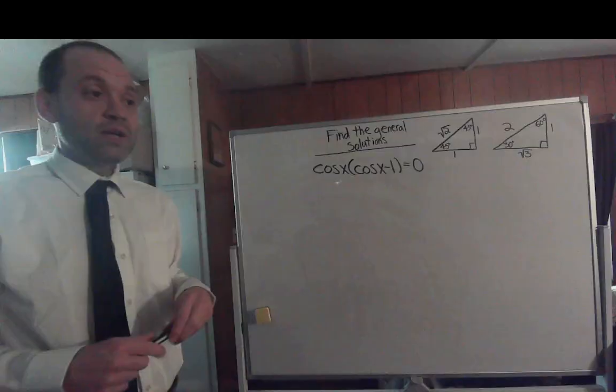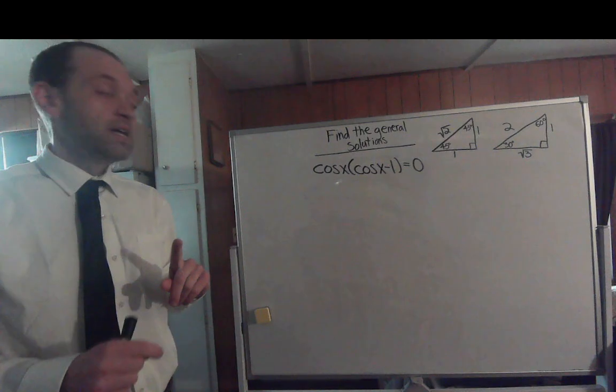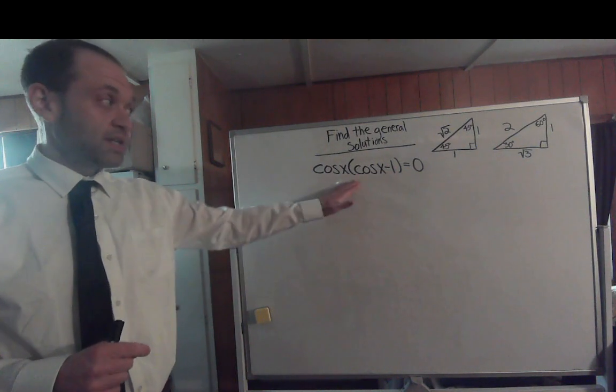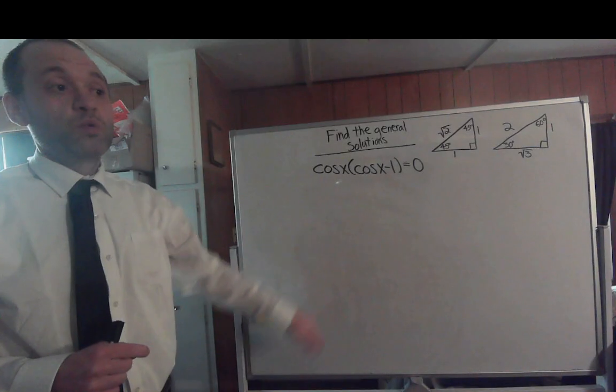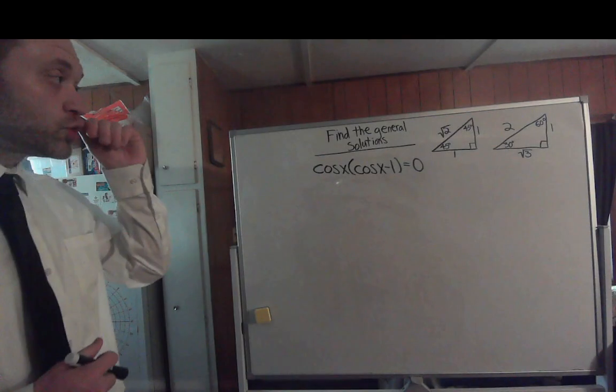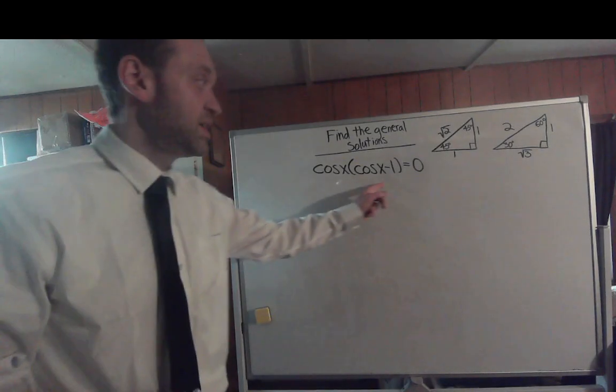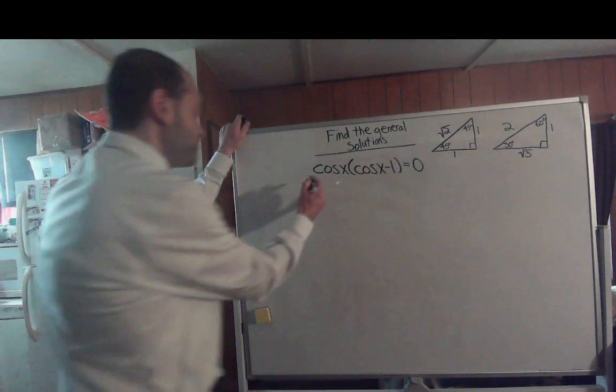Well, up until now we have not had to check for extraneous solutions, but since this is in theory a quadratic, we need to start checking for extraneous solutions. Well, you're going to treat this like you would any other algebra function. You're going to set each of these factors equal to 0.